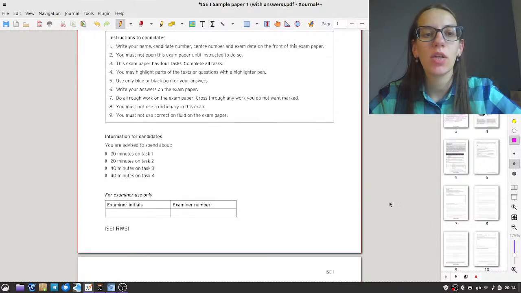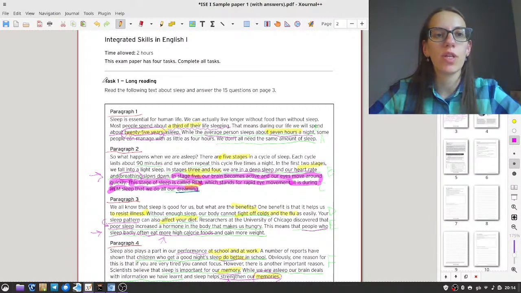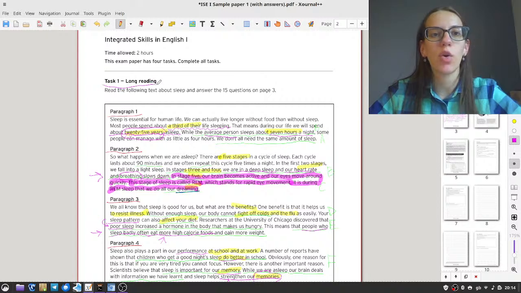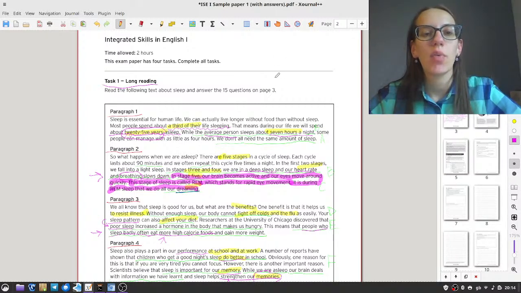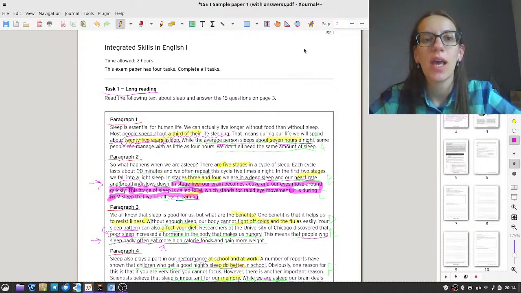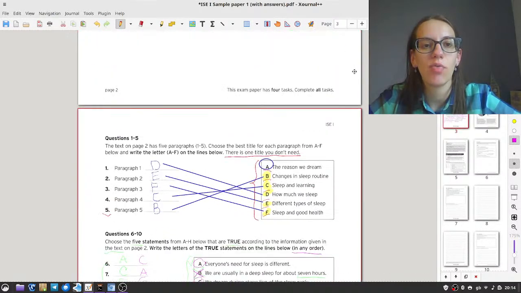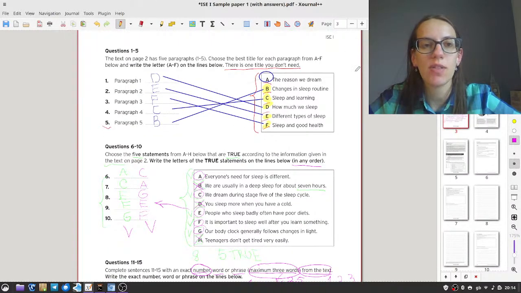And we looked at the first task, which is called long reading, task 1, where we have a long text with 5 paragraphs. They're all about the same topic, about sleep this time, and we answered all of the questions about this text.